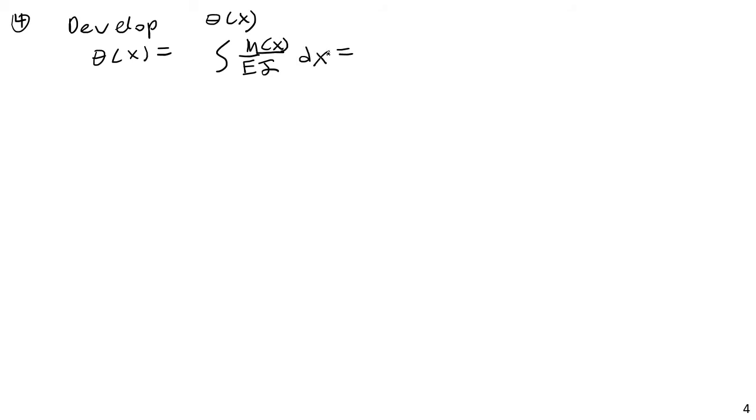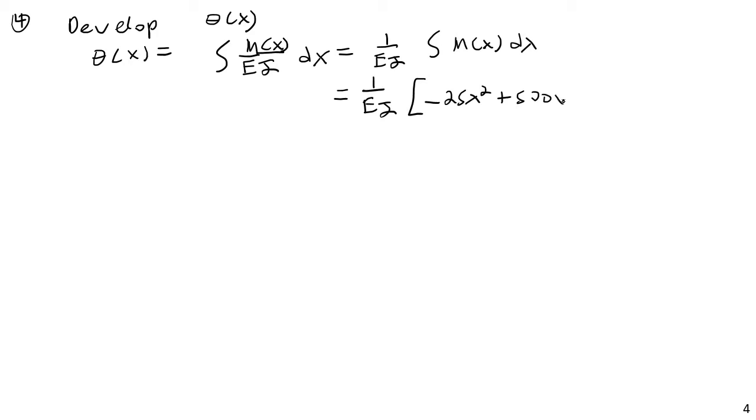Or I could also pull out the 1 over EI, and that will be just the integral of M of x dx. So this is then equal to 1 over EI, our same 1 over EI, that's our constant, times negative 25x squared plus 500x plus C3.